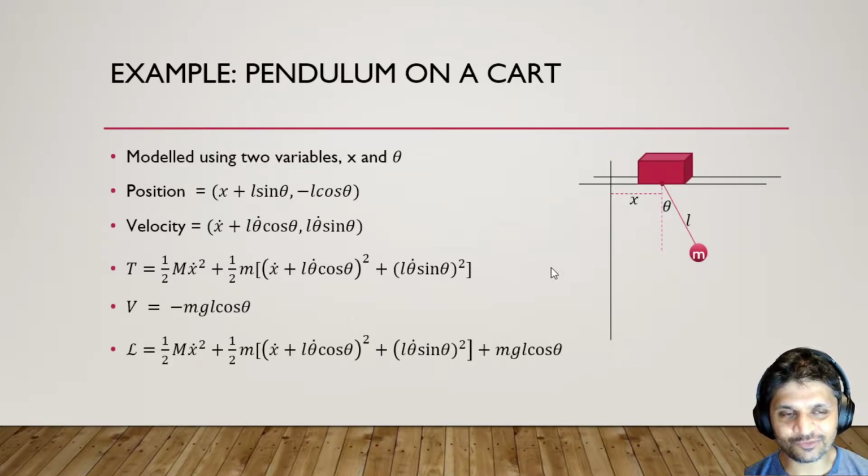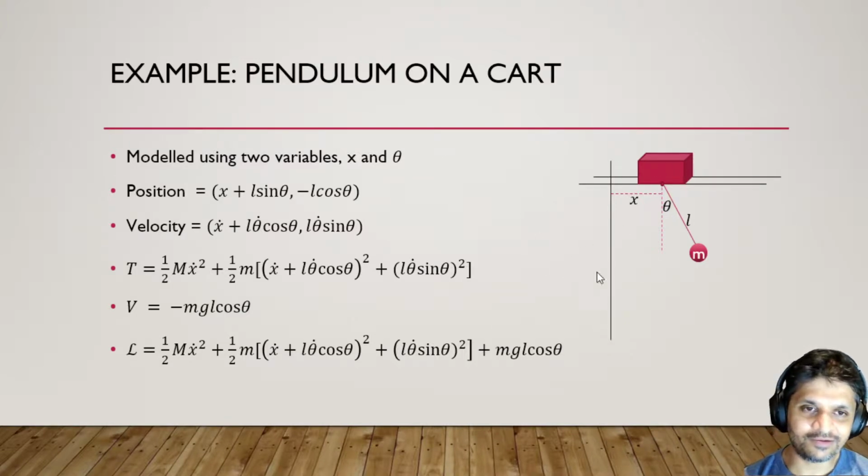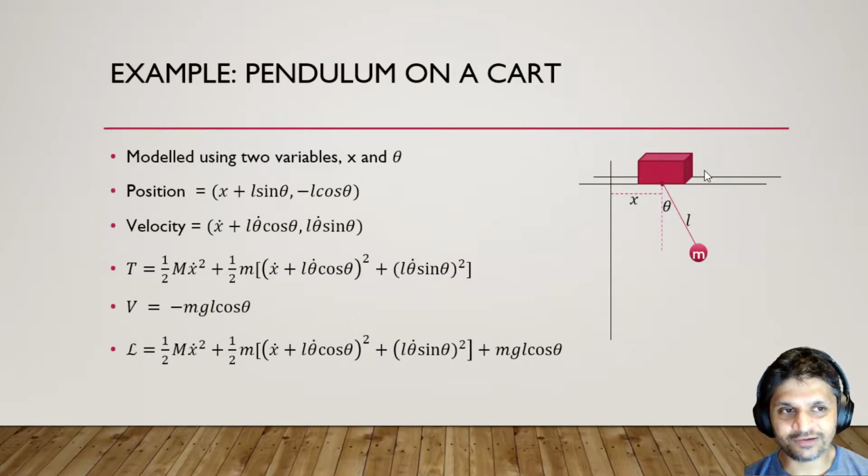So if the pendulum swings that way, then the momentum of the pendulum ends up pulling the cart, and when it swings back, the momentum ends up pulling the cart back the other way. So this is quite an unpleasant system to think about if you don't have the Lagrangian. But if you do, well, then we can just do the same analysis we always do, with some minor differences.